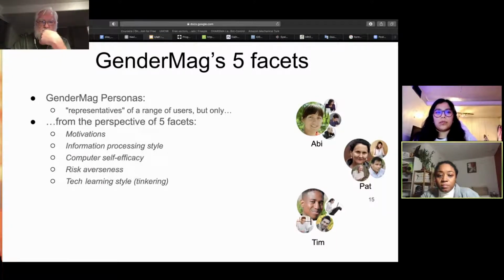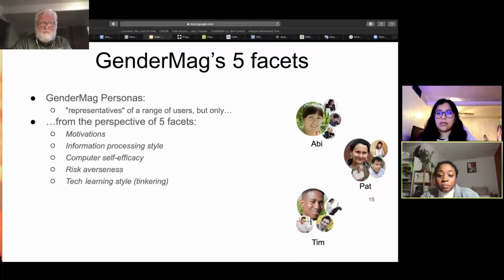And what we find when we're looking at the data is that these facets tend to cluster by gender. So for instance, for risk averseness, more women than men tend to be risk averse, and more men than women tend to be risk tolerant.